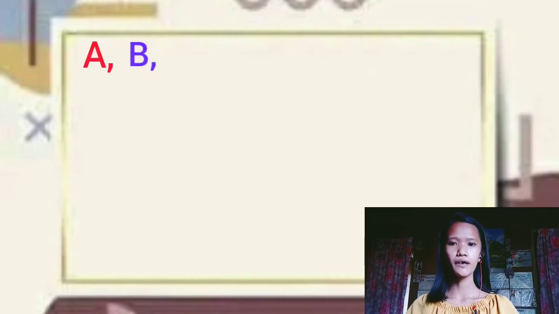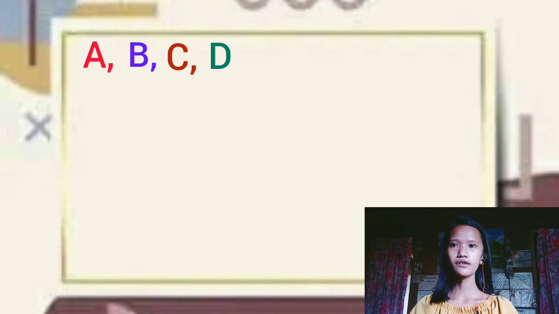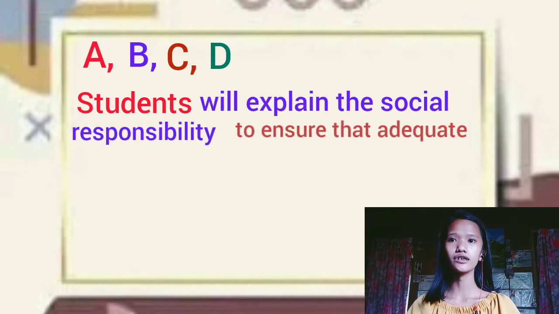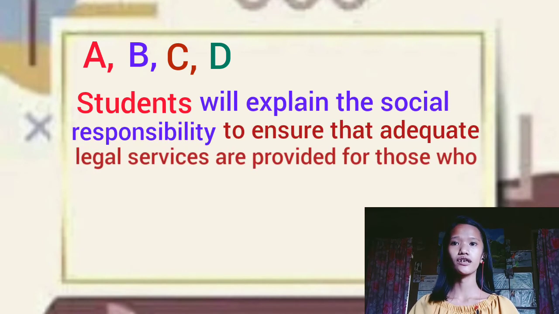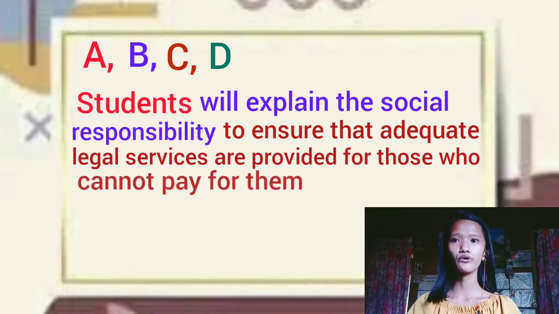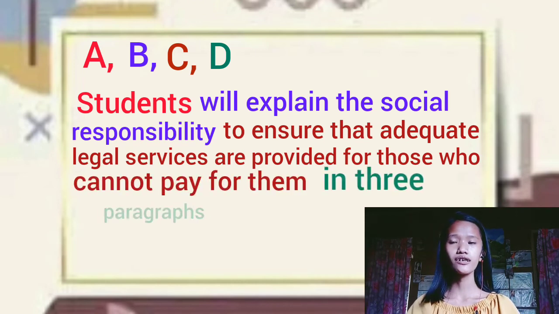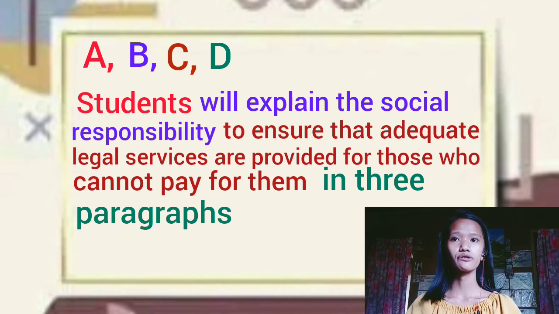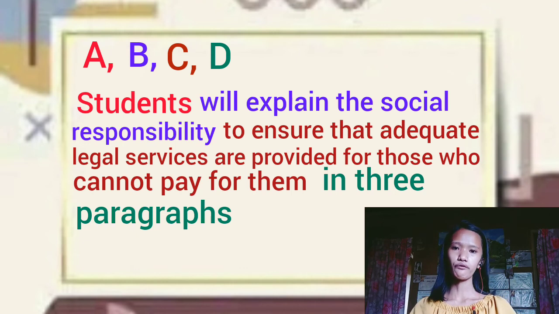And now, let's try another example. The same method pa rin yung gagamitin natin, yung ABCD with color coding. Students will explain the social responsibility to ensure that adequate legal services are provided for those who cannot pay for them in 3 paragraphs. So the audience is the students because they are the one who will perform. Will explain the social responsibility is the behavior. The keyword there is explain, the action word.